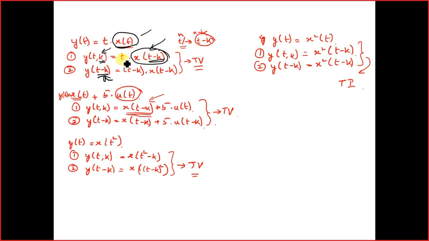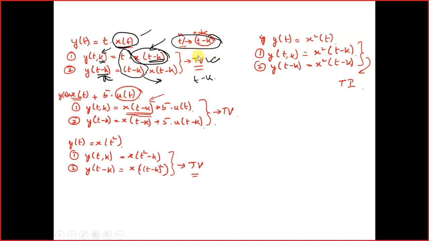In the next instance, wherever we find t, we replace it with t minus k. Now we have two equations. Are these two equations equal? No, because if you compare the t factors, they change with time. So this system is a time variant system.